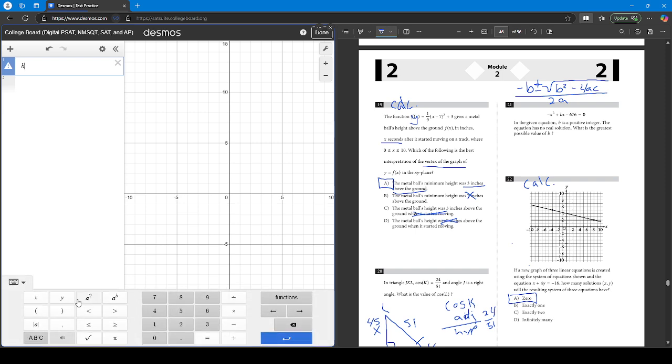B squared minus 4ac, where a is negative 1 and c is negative 676.